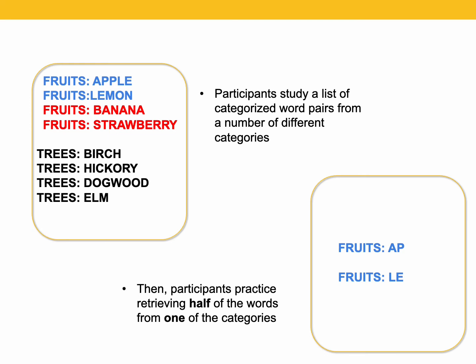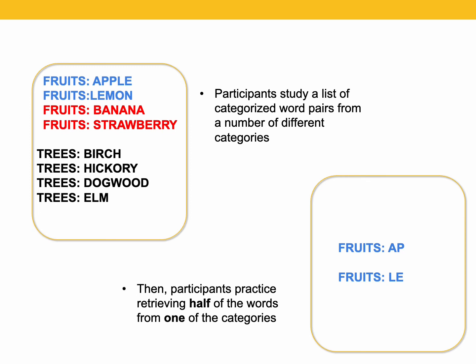In the initial study phase, participants study a list of categorized word pairs derived from a number of different categories. So for example, participants might study fruits, apple. Notice that the first word in the pair is a category, and the second word is an example of a word in that category.